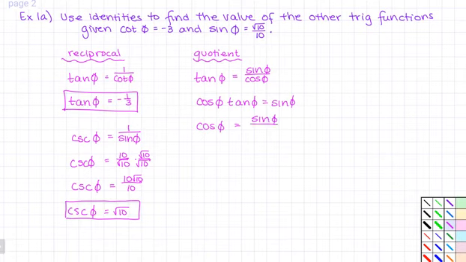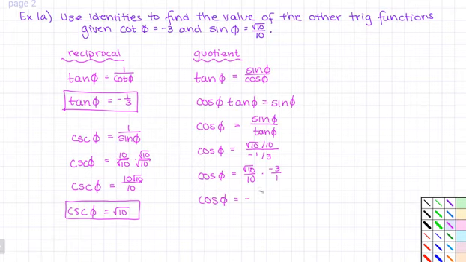So that's what cosine is. Now I can plug in because I have sine and I have tangent. So cosine is root 10 over 10 over tangent, which is negative 1 over 3. Dividing by a fraction, no big deal. We're going to multiply by the reciprocal. And so now we know cosine is negative 3 root 10 over 10.